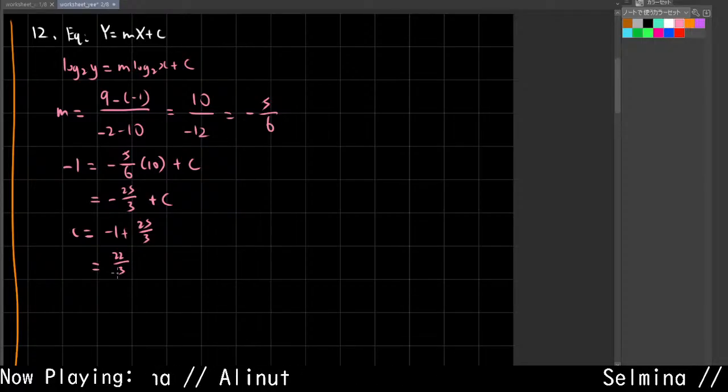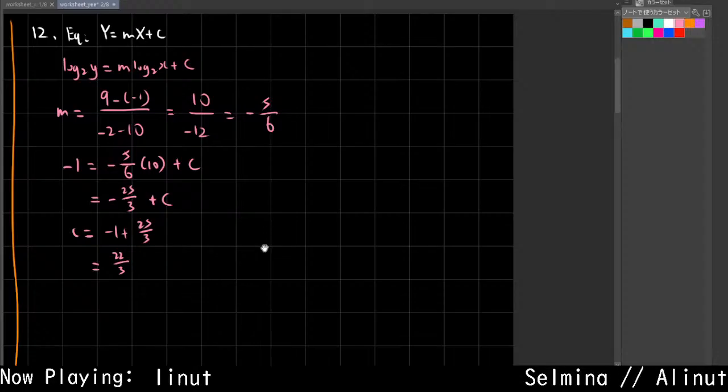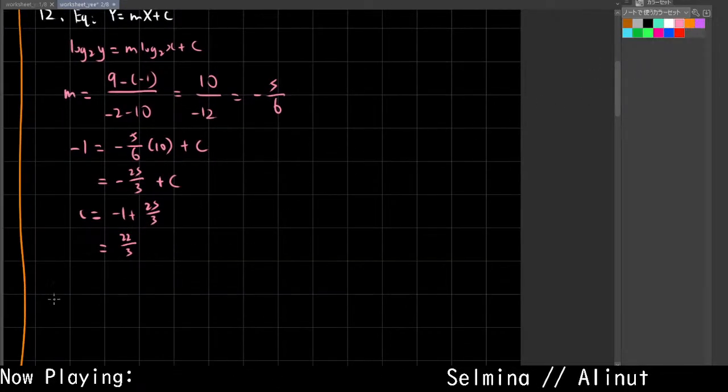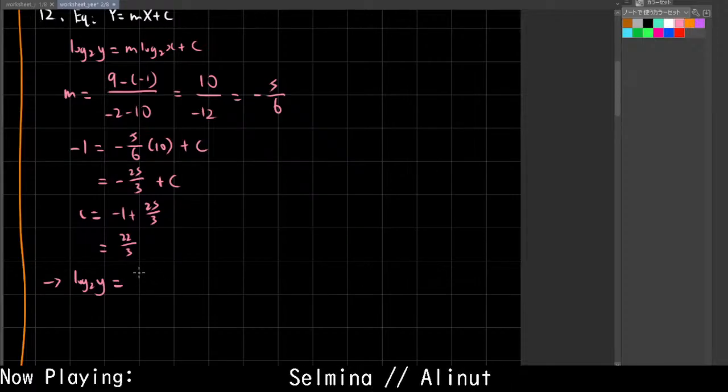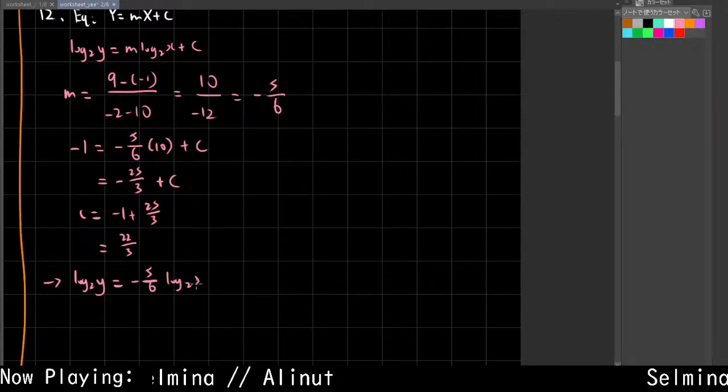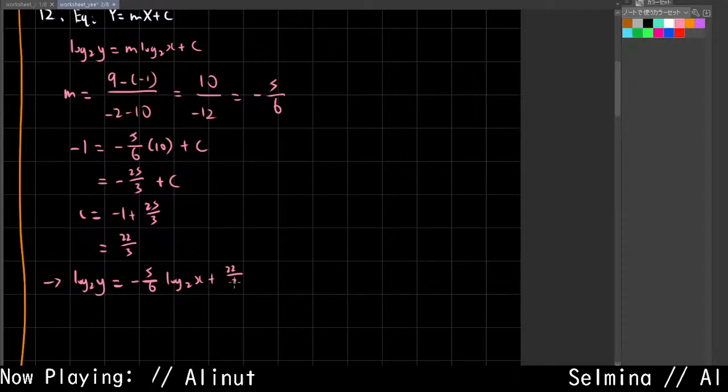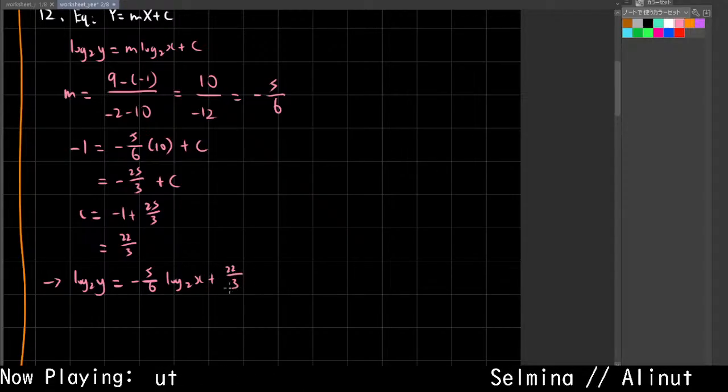So therefore your equation can be written as log base 2 y equals negative 5 over 6 log base 2 x plus 22 over 3. Okay.